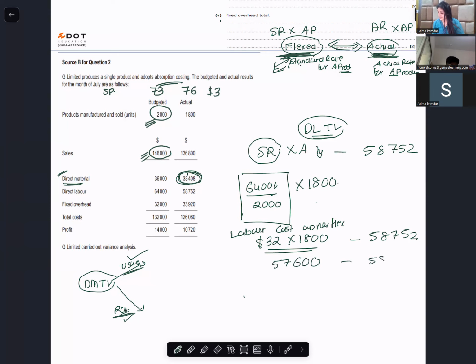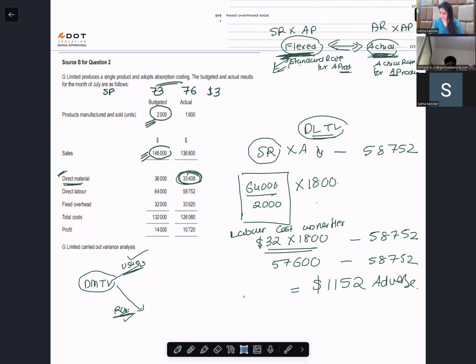And this is 58,752. Now you will see. You budgeted that it will be this much, but it actually turned out to be this much. So it is 1,152, adverse.